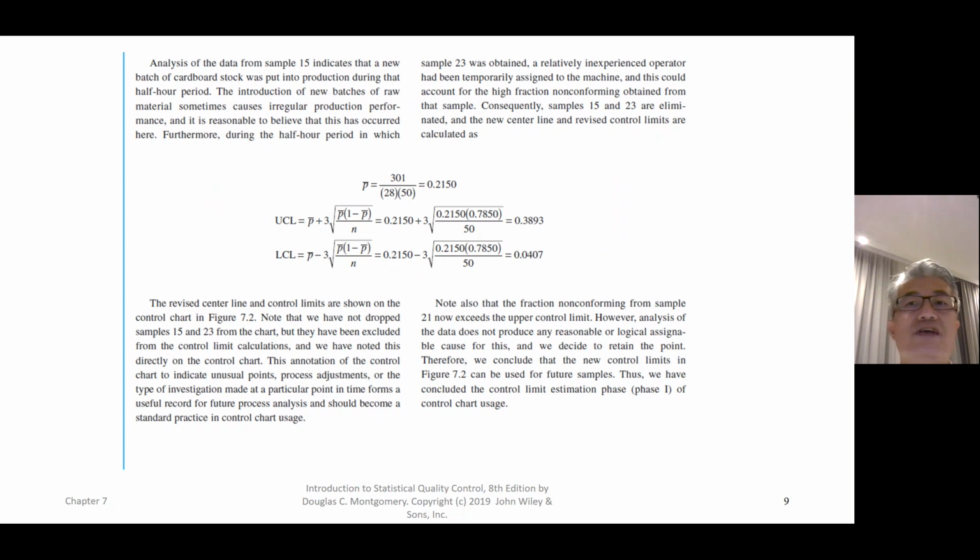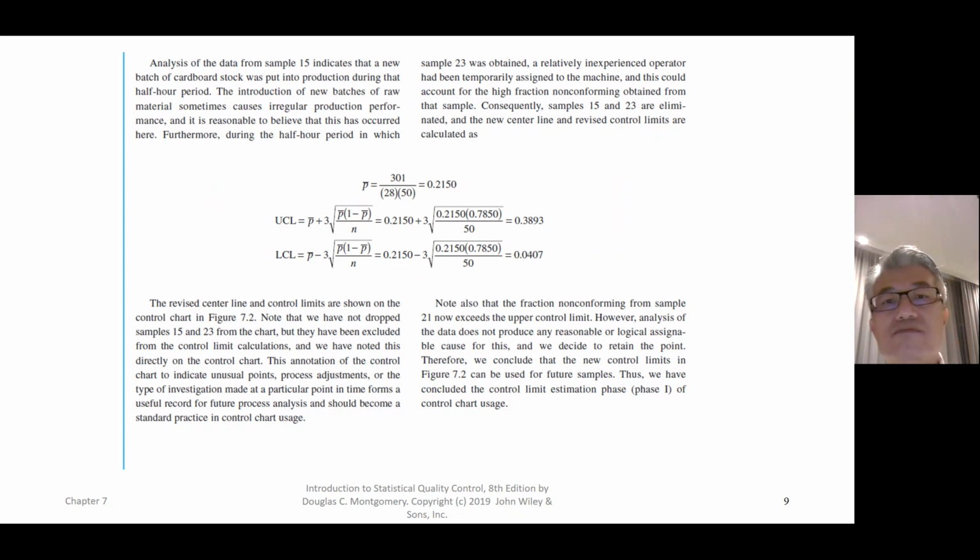Consequently, samples 15 and 23 are eliminated since assignable causes are identified. So those two data points cannot be taken into consideration. And the new center line and the revised control limits can be recalculated as follows.